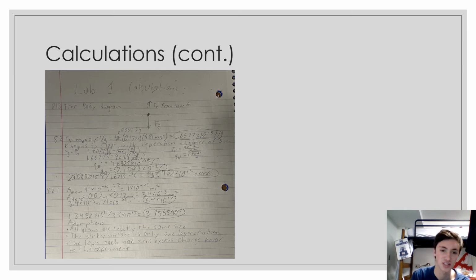This is shown in my calculations here, and you can see that that got me to my 2.15232 times 10 to the negative 8 coulombs. I then was easily able to set up ratios to the charge of an electron to find how many excess electrons were on the tape, and to find how many atoms are on the tape and to find that ratio of electrons to atoms.